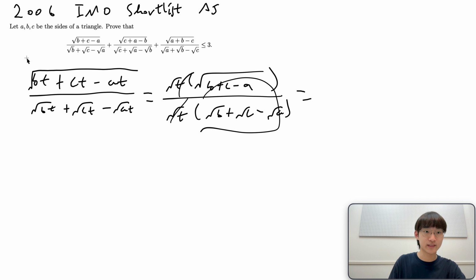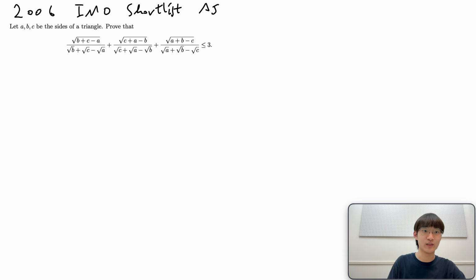So we know that this inequality is homogeneous, and because we know that, what we can do is normalization. That's one of the greatest techniques. I think that will help us a lot. Without loss of generality, because a, b, c are just the sides of a triangle, and I'm pretty sure they just said that because they don't want this to be imaginary numbers.